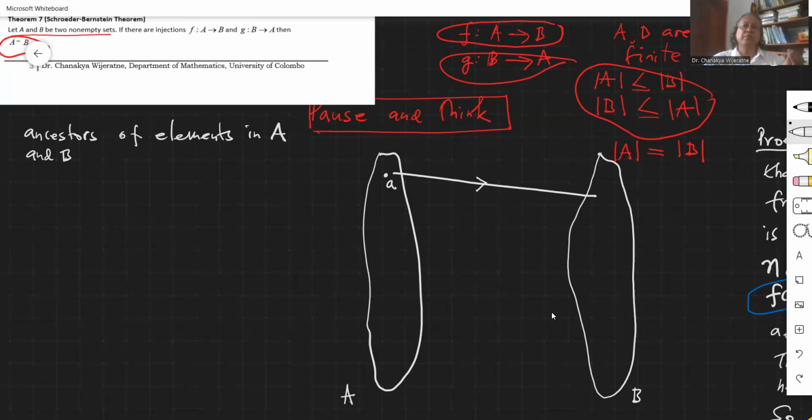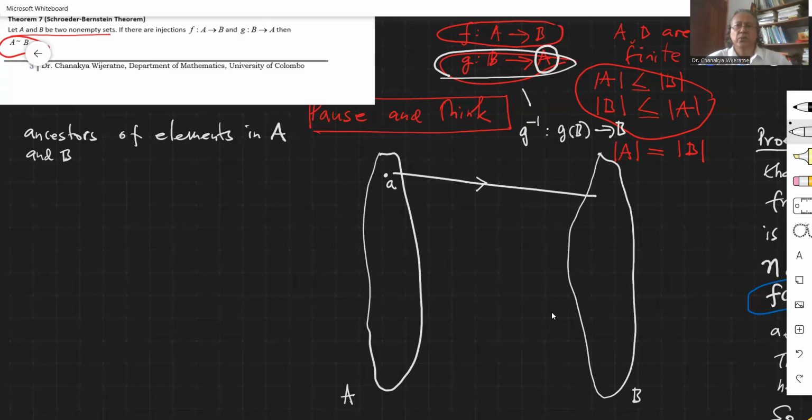So if g inverse of a exists, where g is from B to A, then g inverse exists from g of B to B. So g of B is a subset of A. If a belongs to g of B, then of course g inverse of a exists.